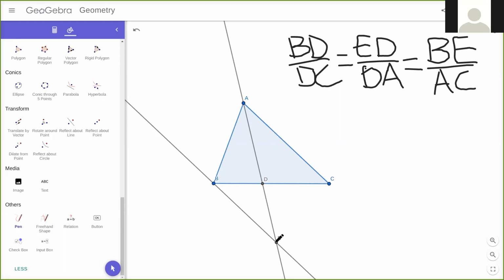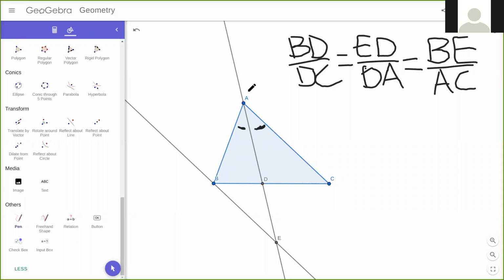And this is where we remember that we're not just dealing with any Cevian again. We're dealing with the angle bisector. So with AD being an angle bisector, we have angle BAD equals angle DAC. And when we constructed E, we constructed BE to be parallel to AC in order to create the similar triangles BDE and CDA.